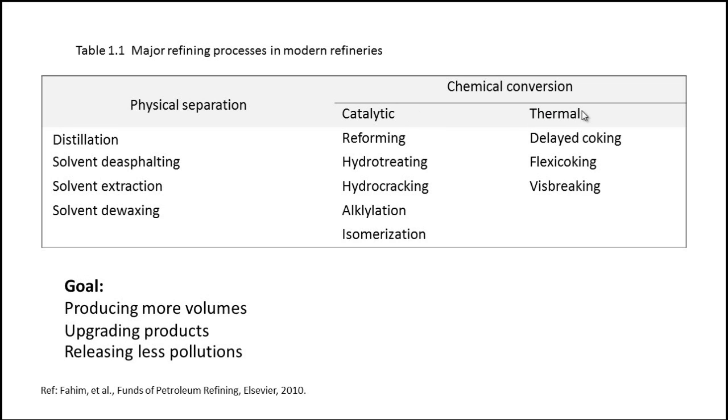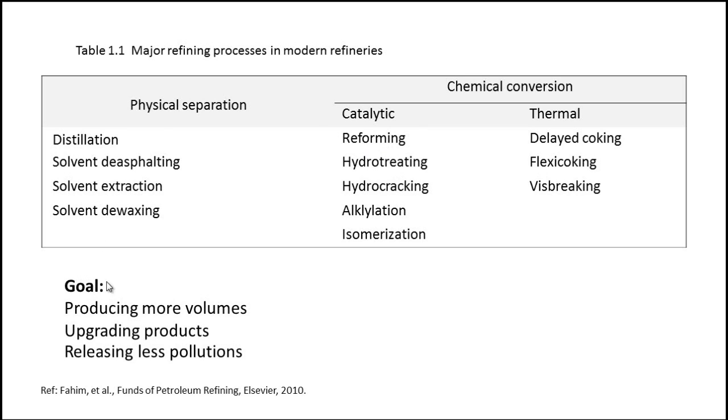For the thermal process, there are some reactions that take place to crack a larger molecule, making more products in smaller molecules, while the catalytic processes require some reaction on the catalyst to remove some traces or upgrade the product.